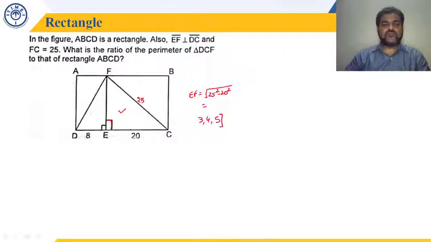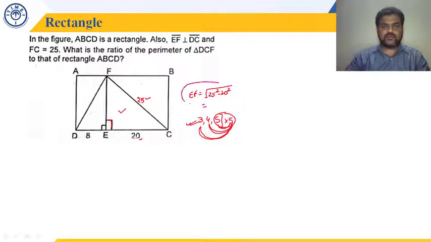So if I multiply all of them by 5, 3 into 5 is 15, 4 into 5 is 20, and 5 into 5 is 25. We already have 25 and 20 here, so the remaining side must be 3 into 5, which is 15. So by using the Pythagorean triplet, I can get my value for EF very easily.